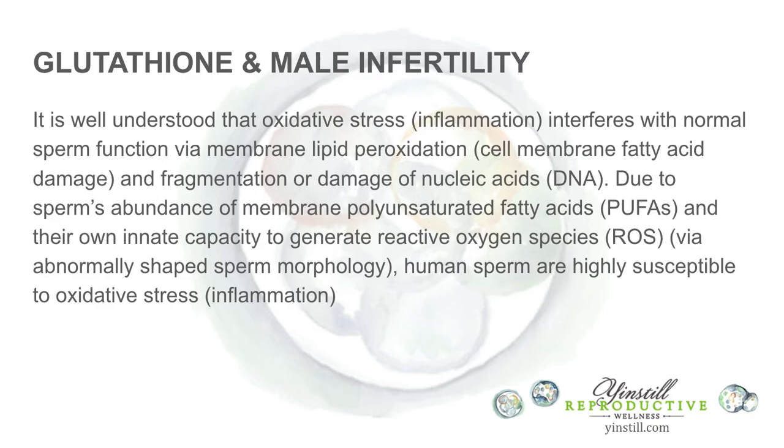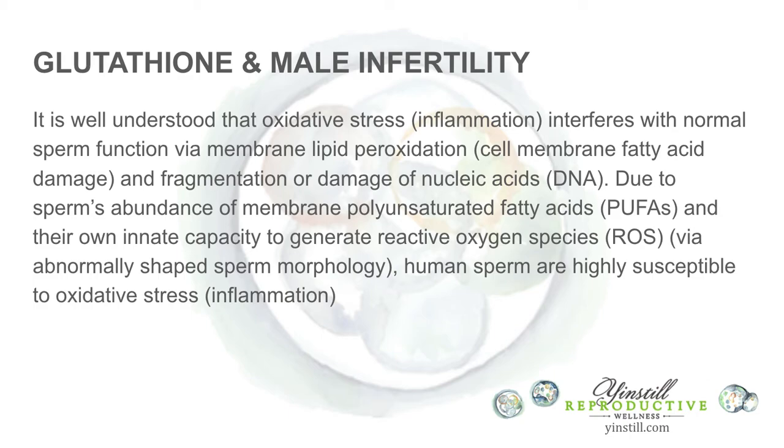More specifically, glutathione and male infertility. Remember, it's well understood that oxidative stress and inflammation interfere with normal sperm function via membrane lipid peroxidation, or the cell membrane fatty acid damage by free radicals, and fragmentation or damage to the nucleic acids, so DNA damage.